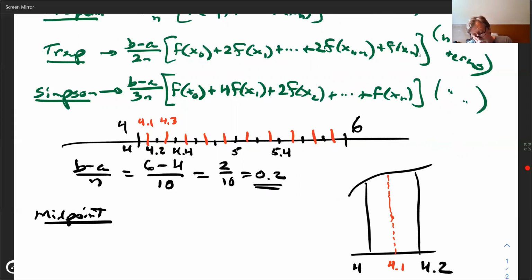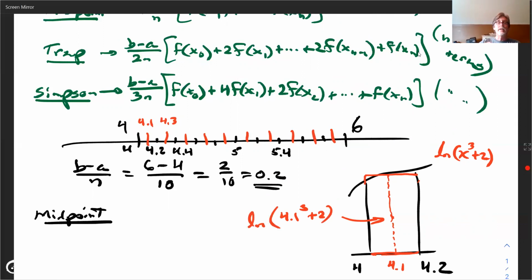The function is the natural log of x cubed plus 2, whatever it looks like. We calculate the area of the rectangle whose width is from 4 to 4.2 and whose height is found by plugging 4.1 into the function: 4.1 cubed plus 2, take the natural log of it. That tells you how high it is, and the width is this much.